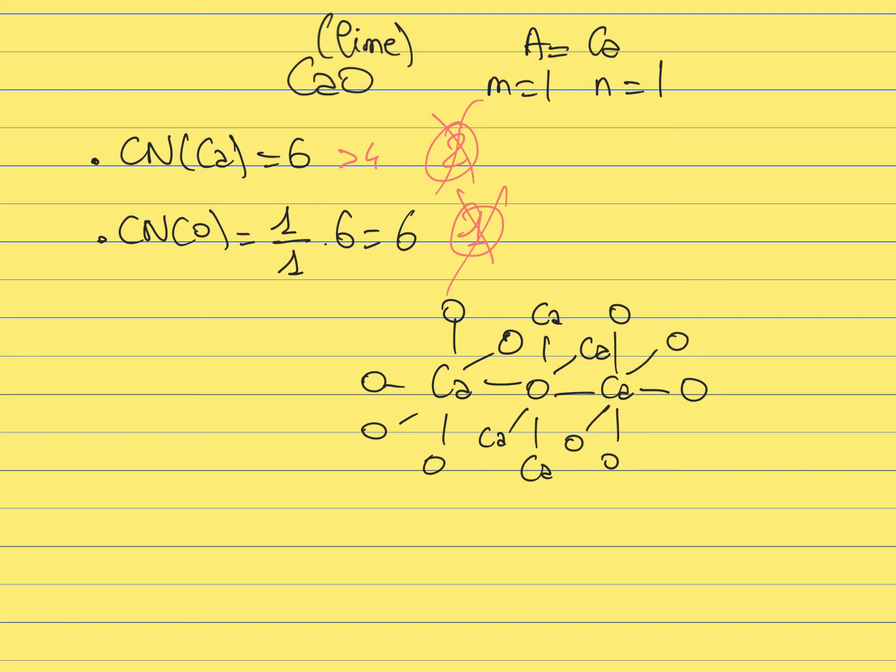And so if you look at this, what about the fourth rule of Zachariasen? So here you would find that each of the 6 oxygen corners would be shared. Each of those oxygen is going to have a coordination number of 6, so it's going to be connected to at least 2 calcium. It's going to be connected to 6 calcium.